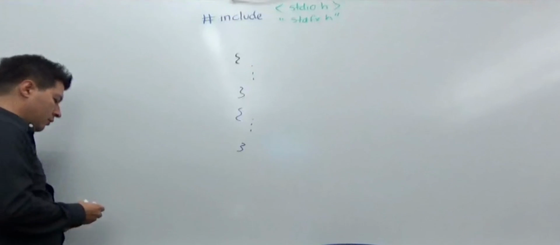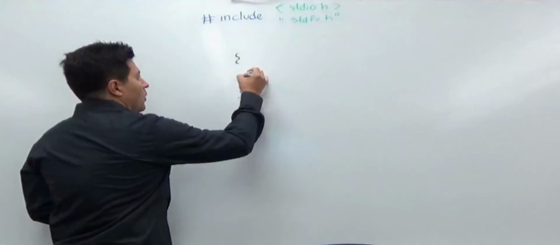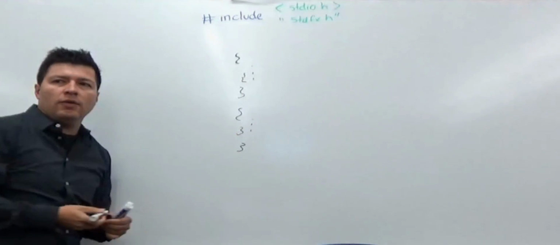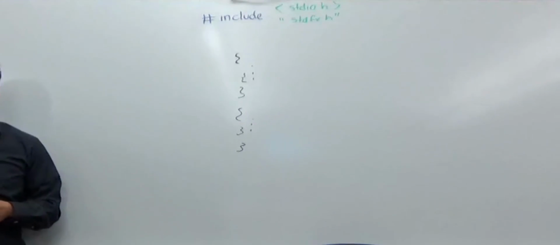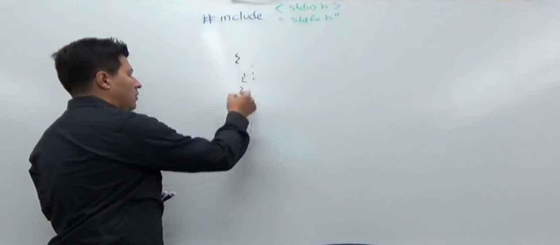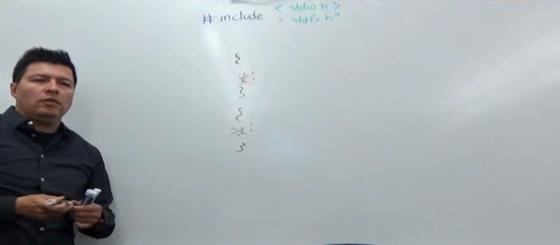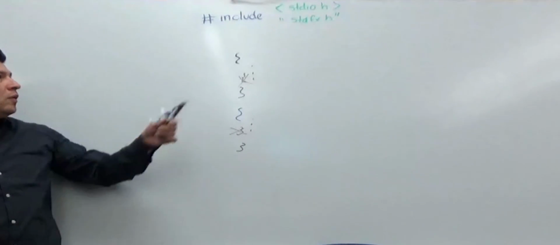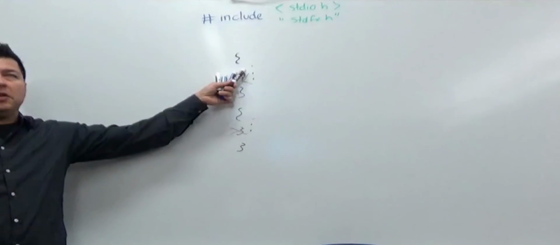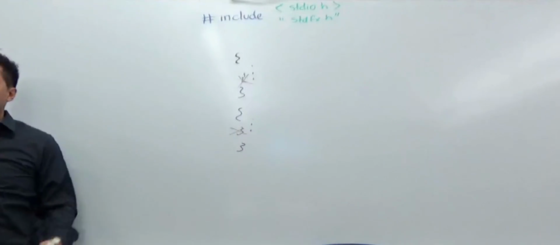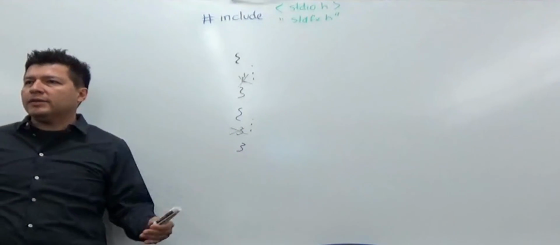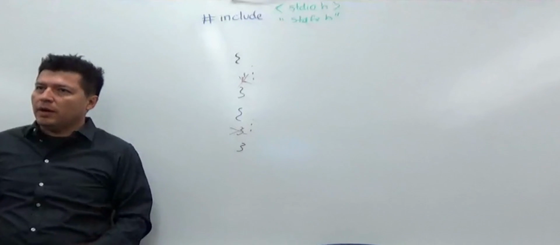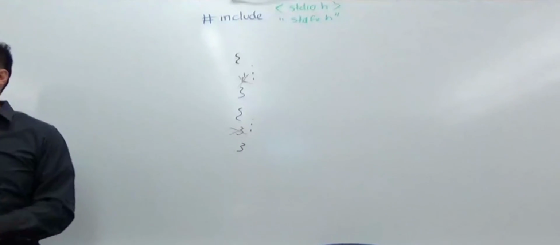I cannot open one here and close it here. They can't overlap. Right? So this you can't do. You have to open and close it. You can open another one inside, it's fine. If you think of it like boxes, you can put smaller boxes inside the box, but you can't overlap the boxes.